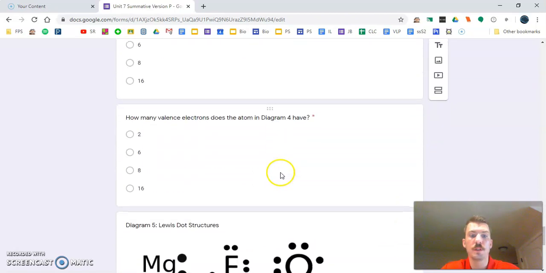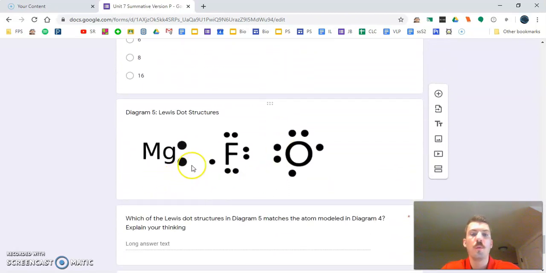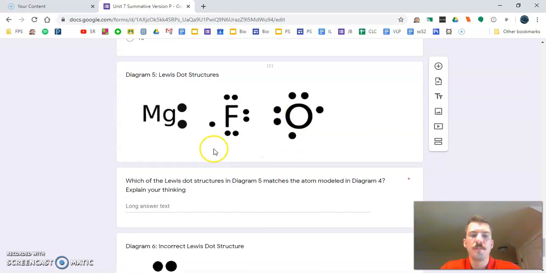All you have to do is look at this Lewis structure, which has 6 valence electrons. Well, magnesium only has 1, 2. This fluorine has 1, 2, 3, 4, 5, 6, 7. So it's neither of those. It has to be oxygen. 1, 2, 3, 4, 5, 6. So you need to say oxygen and say that it has the same amount of valence electrons for full credit.